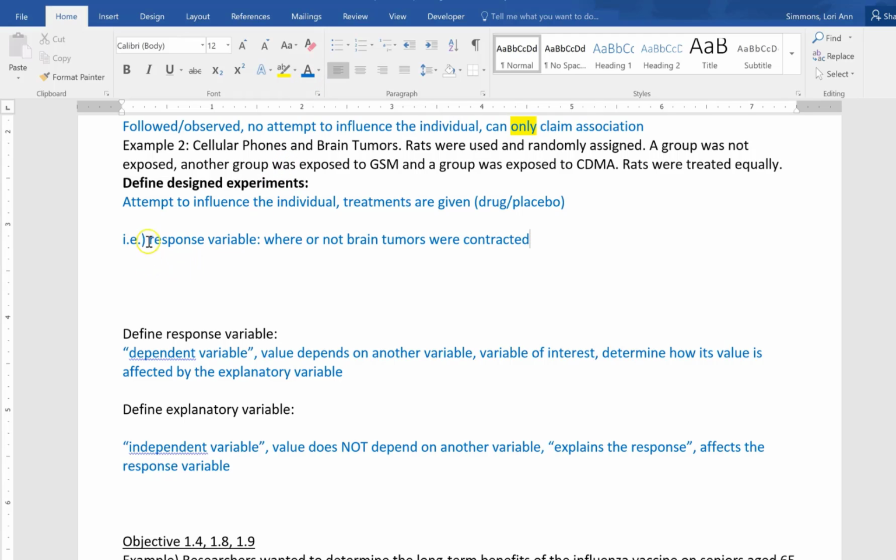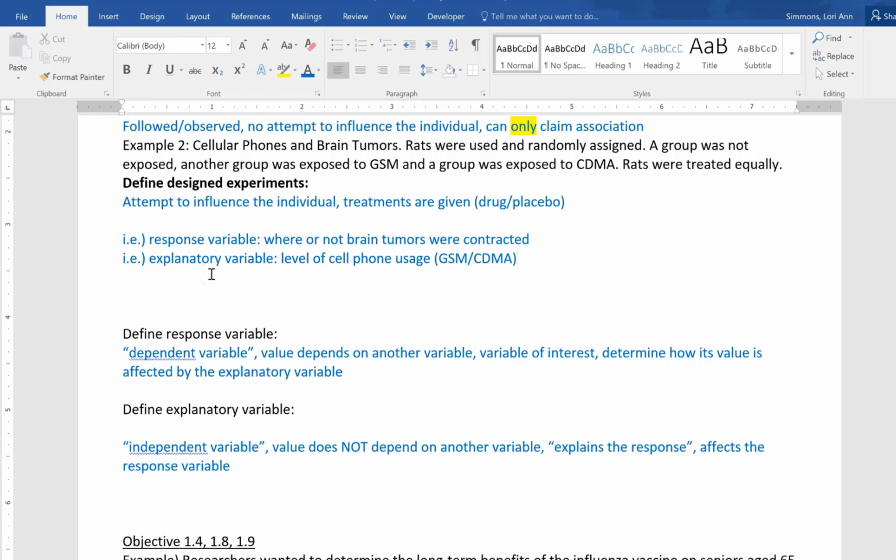So this depends on the independent. So what's the independent, or your explanatory variable? It is the level of cell phone usage. So GSM or CDMA.